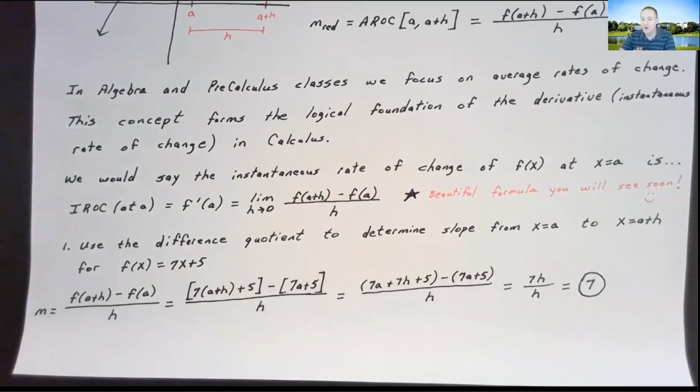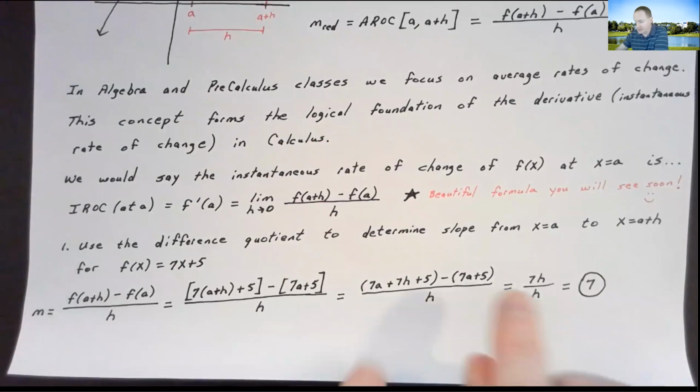Now, I want to talk about some common things that always happen whenever you simplify out the difference quotient. For any of these polynomial functions, and we know the linear function 7x plus 5, it's just a polynomial function degree 1. Anytime you have a polynomial like this, and I would say in every problem, not just polynomials, the terms of f of a plus h and the terms of f of a always cancel. They will never combine, never.